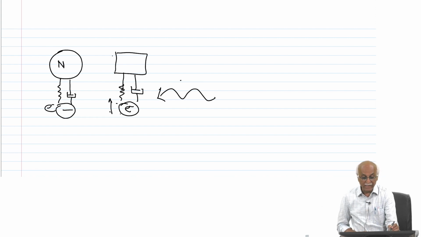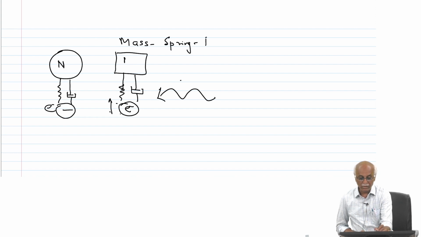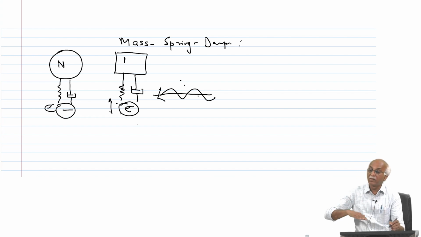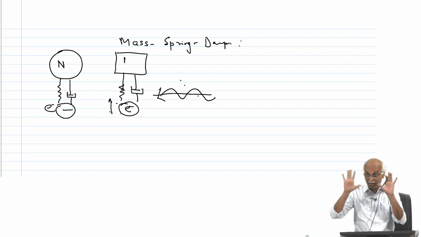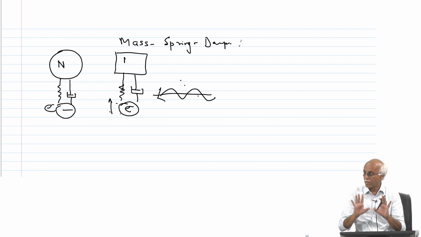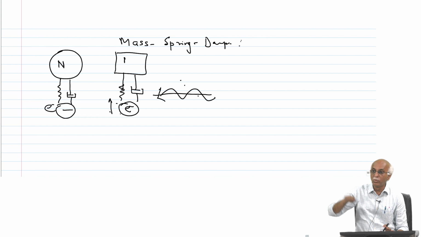So, we can use a mass spring damper system and derive the governing equation for these forced oscillations. The forced oscillation is due to the electrical field acting on the charge, which is the electron, inducing oscillation with a frequency matching the induced electrical field.